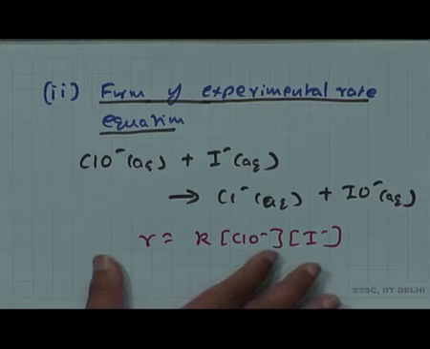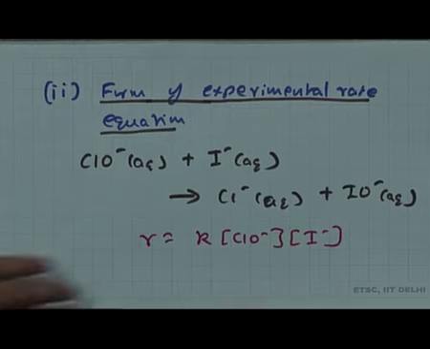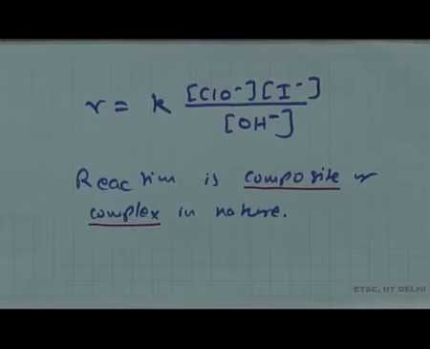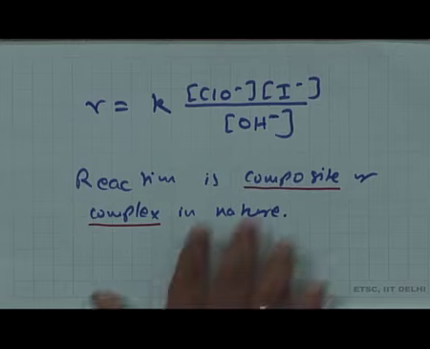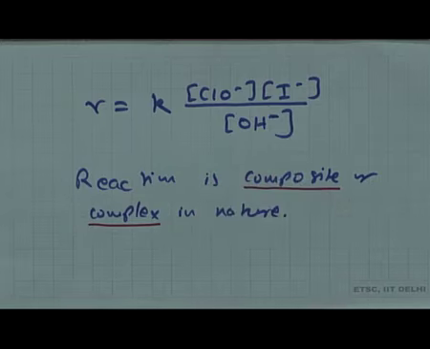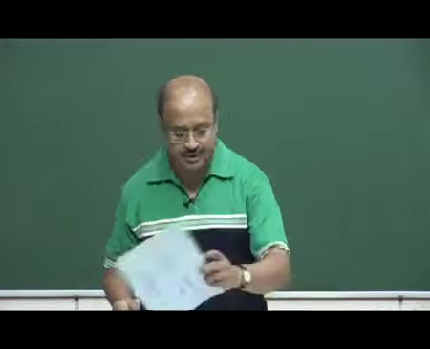You had thought that if this were elementary, this would be the rate law, but experimentally the rate law that was determined was this, which is different from what you would expect if it were an elementary reaction. Hence, the reaction is composite or complex in nature, because this OH minus, which is coming in this rate equation, was nowhere in the stoichiometry of the equation.